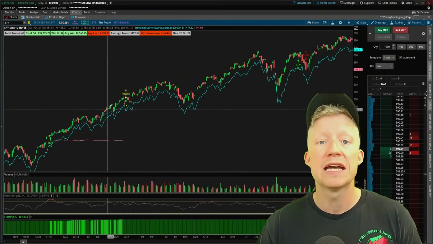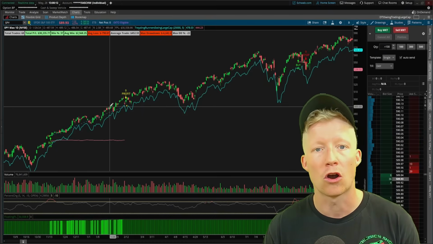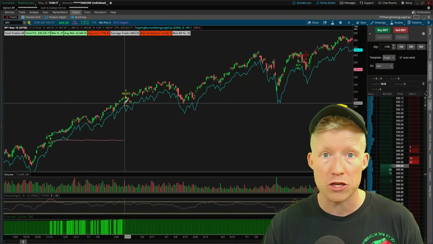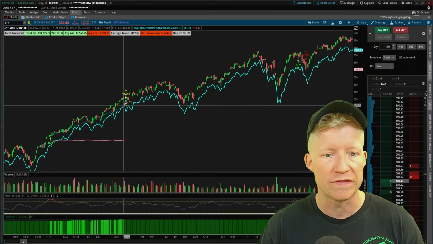The cyan line is, once again, just like we did before, close of the previous candle minus ATR multiplied by 2.5. So whatever the ATR value is, I multiply that by 2.5, subtract it from the close of the previous candle.